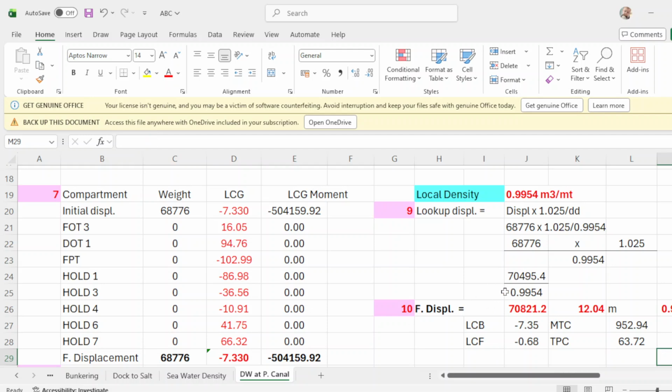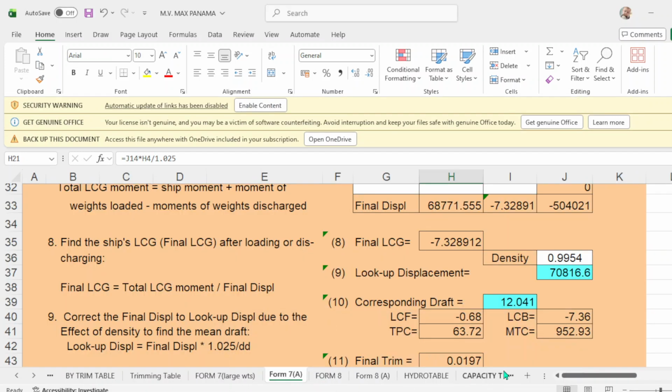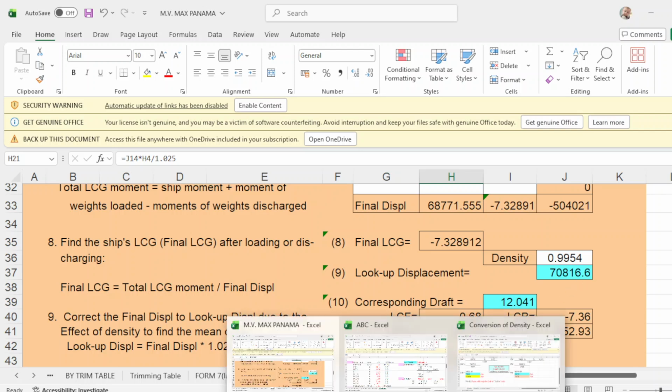So with this corresponding drop, 70821. So the drop is 12.04, okay? That will be number 10.